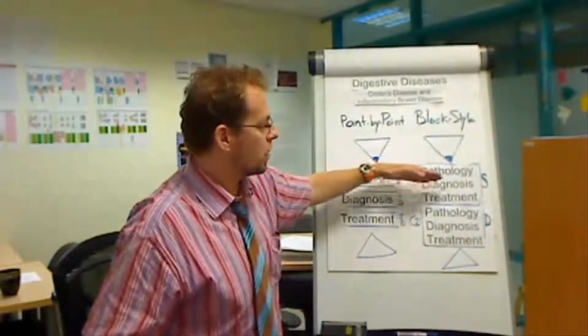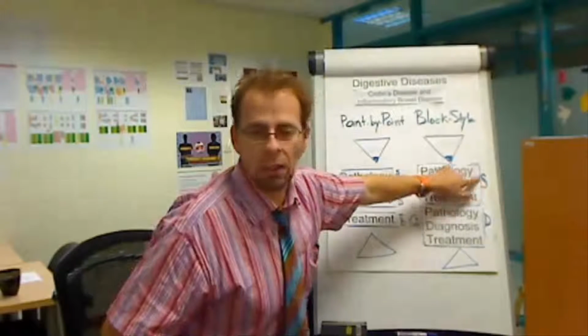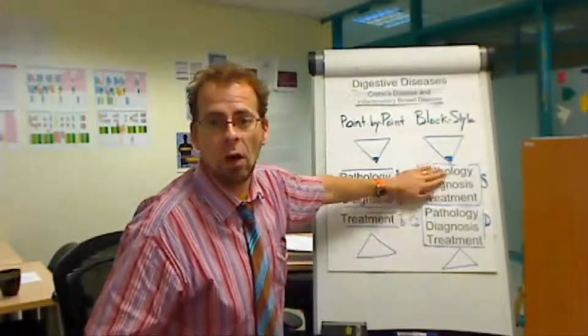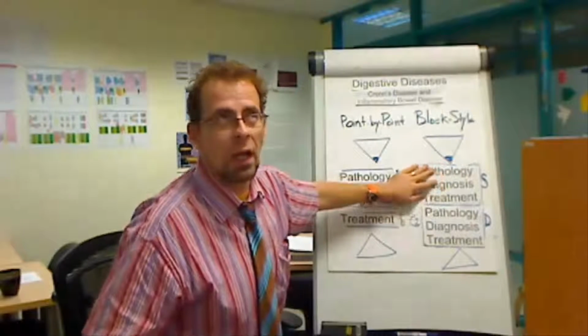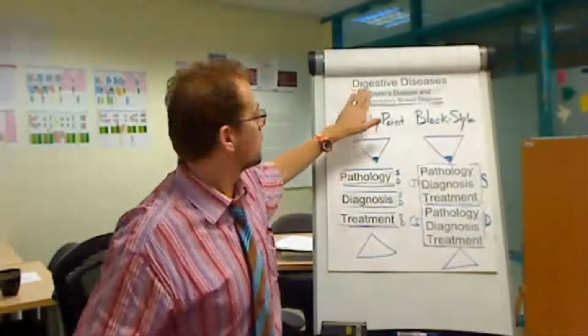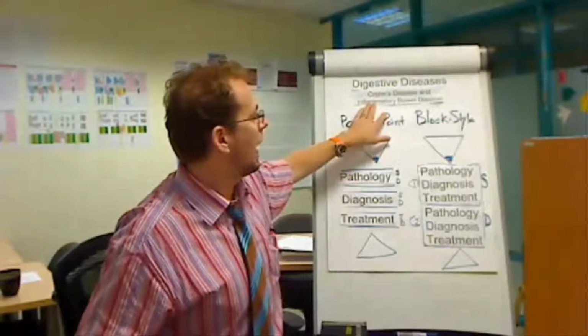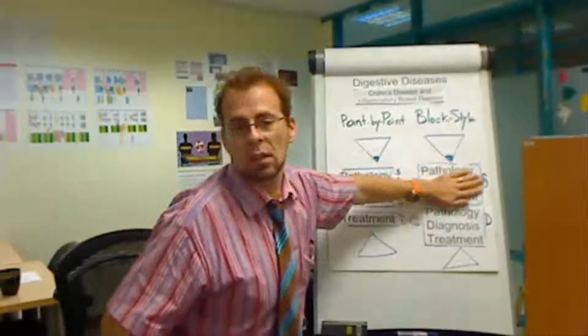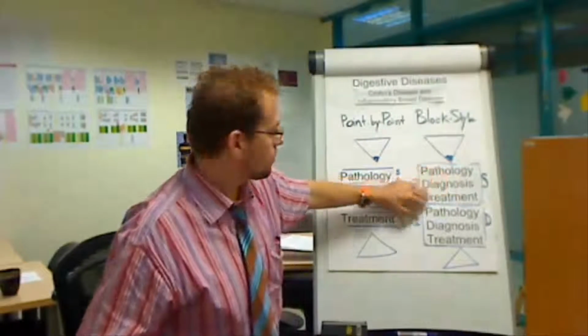We have pathology, diagnosis, treatment, and we're just talking about the similarities. We're comparing how pathology, diagnosis, and treatment are similar in both Crohn's disease and inflammatory bowel disease. So that whole first piece talks about the similarities.